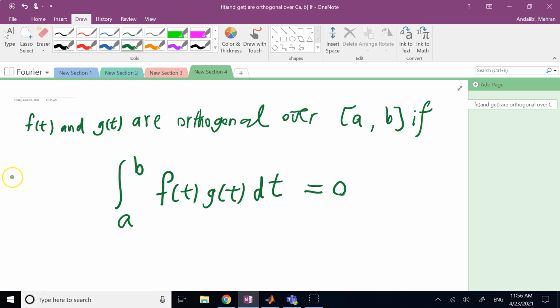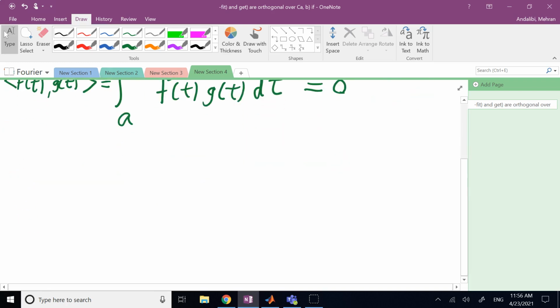By the way, there is a notation. You might also show this as the dot product of f(t) and g(t). Some people will show it with this notation. But you can show that sine and cosine functions are orthogonal.